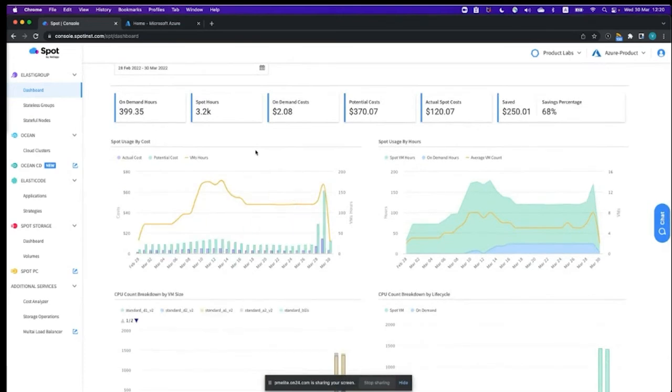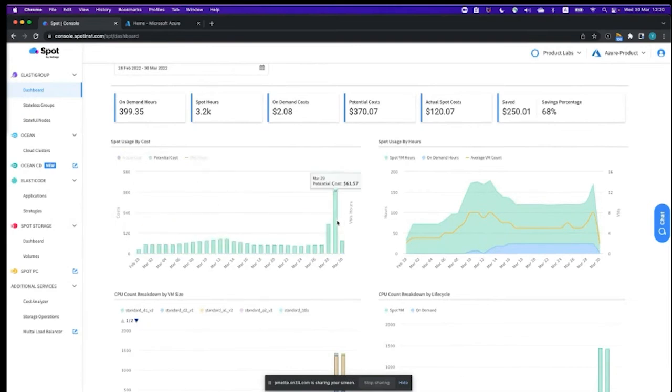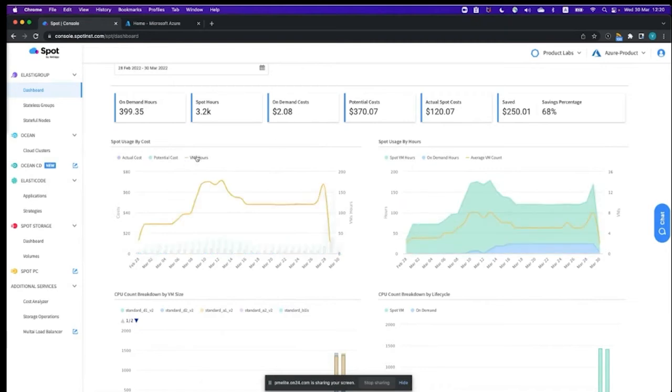What really interests here is you can see in the green the potential costs, meaning what you would have paid if you ran without Elastigroup, and the actual cost, which is a lot less than the potential. So this is really cool to see the differences between the two.